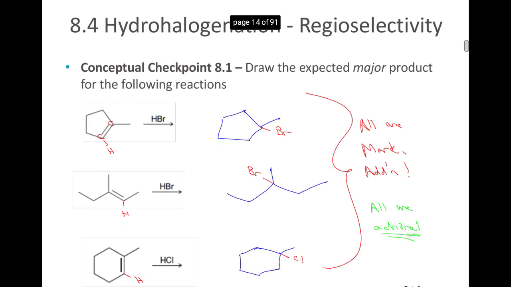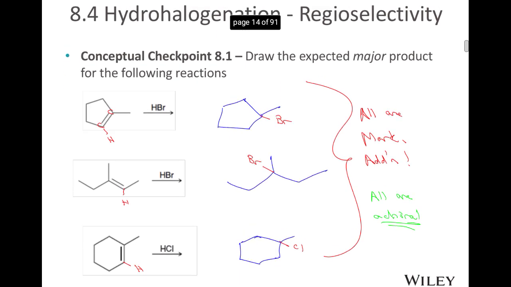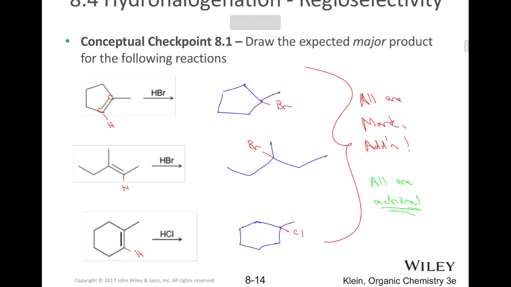So this is just a quick conceptual checkpoint that's taken straight out of our textbook. It just says draw the expected major product for each of the following reactions. In each case, we only are going to form the Markovnikov addition product because we don't have any peroxides. And in each one of these cases, we end up with an achiral compound, so we don't have to worry about stereochemistry or anything like that.